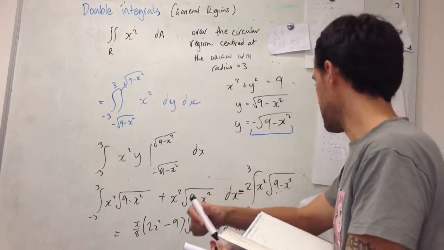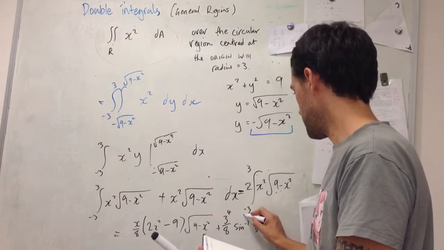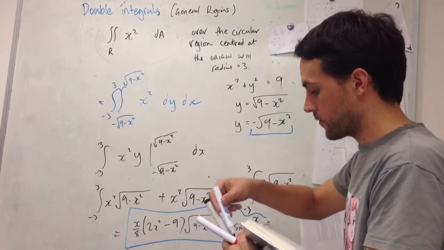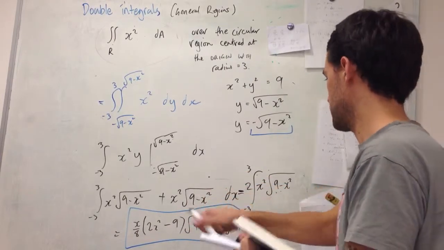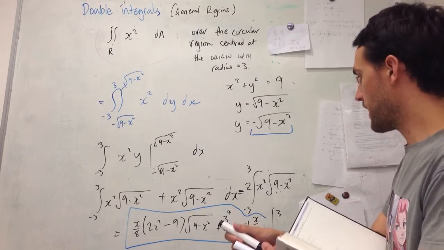And we're taking that from negative 3 to 3.